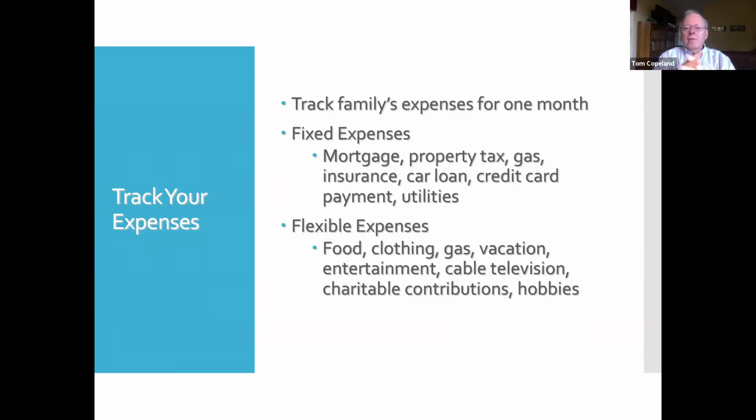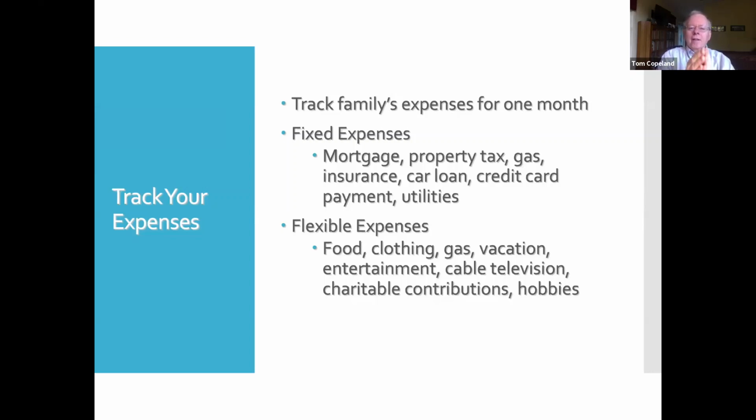Therefore, the first thing you want to do here is to pick a very modest savings goal. $50 a month, $100 a month, something that you feel pretty confident that you could save, and make that a fixed expense.